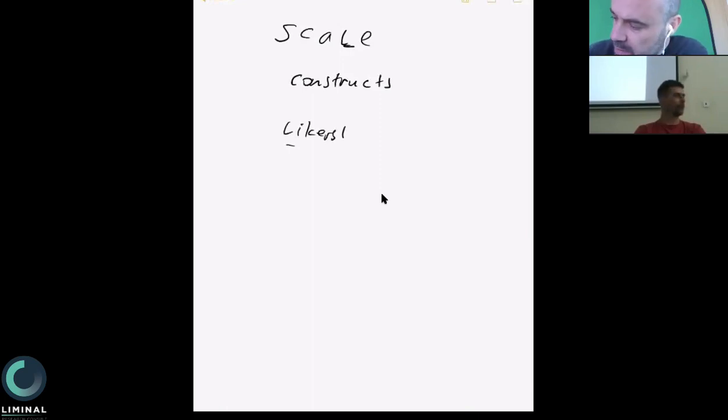Okay, when I talk about a scale, there's a bit of confusion here. When I talk about the scale, the psychologists talk about, say, personality scales, for instance. So that's what I'm talking about. So a scale consists of different constructs, and this construct consists of Likert scale statements.